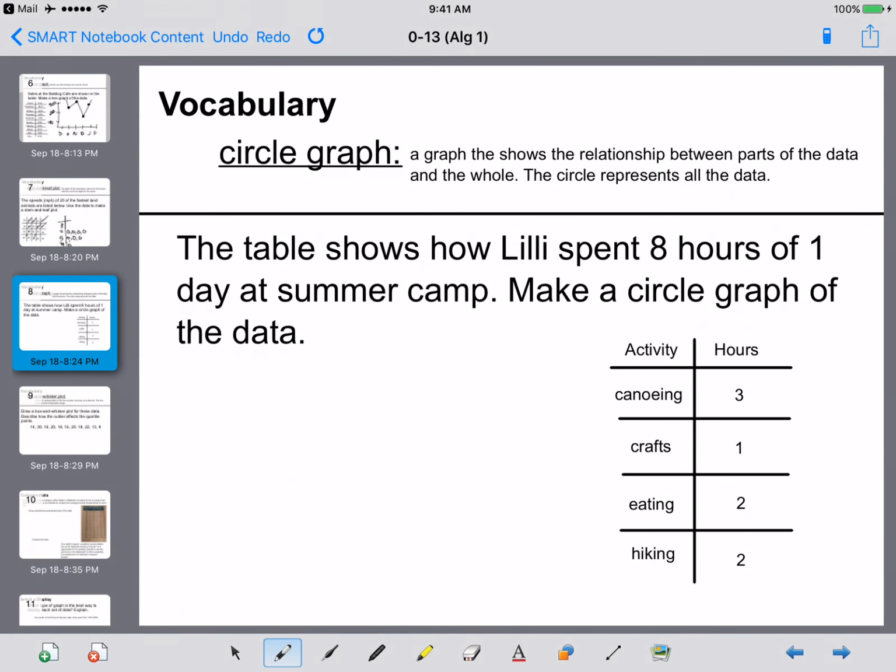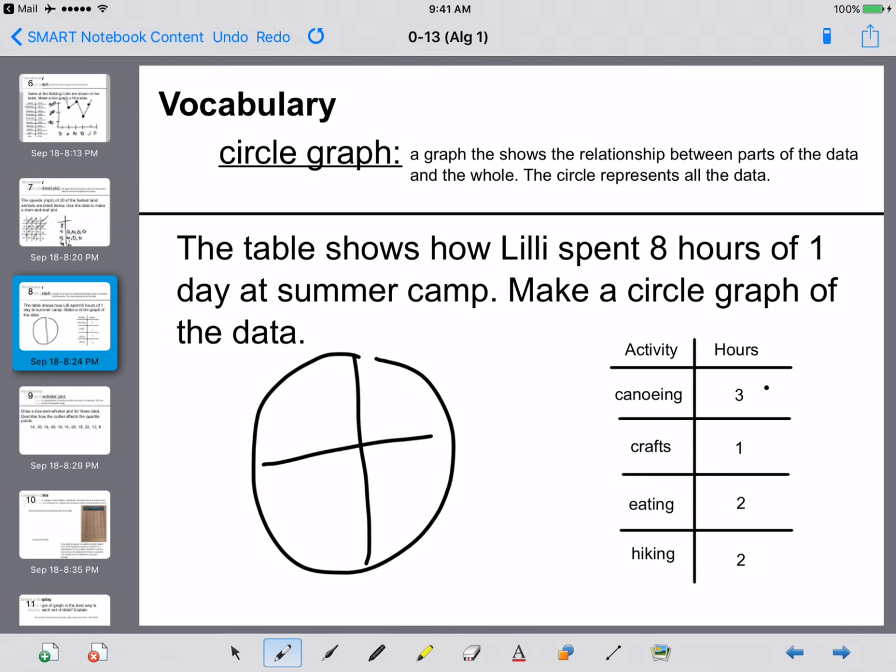A circle graph is a graph that shows the relationship between the parts of the data and the whole. The circle represents all the data. So your whole circle, in this case, is cut into 3, 4, 5, 6, 7, 8 parts. So I'm chopped into 8 parts. And then I'm going to use highlighter.